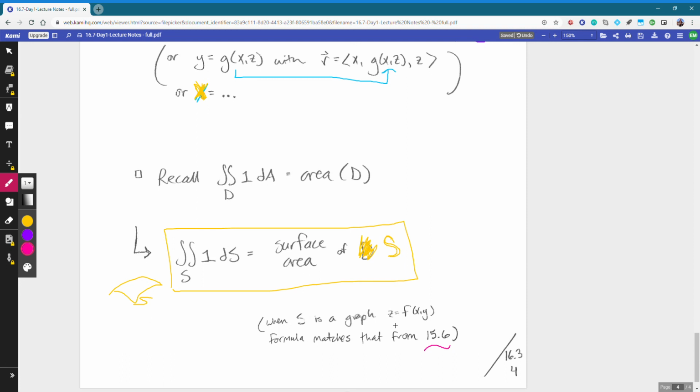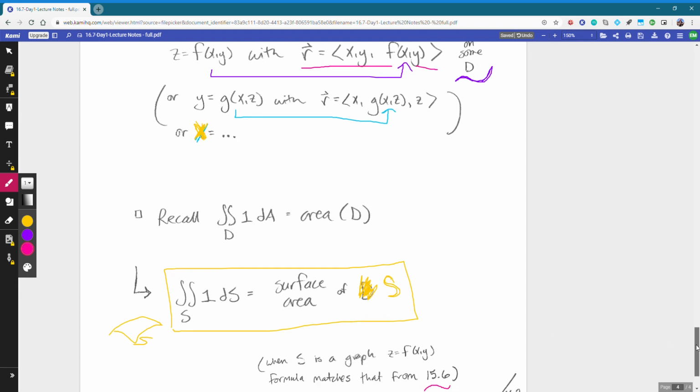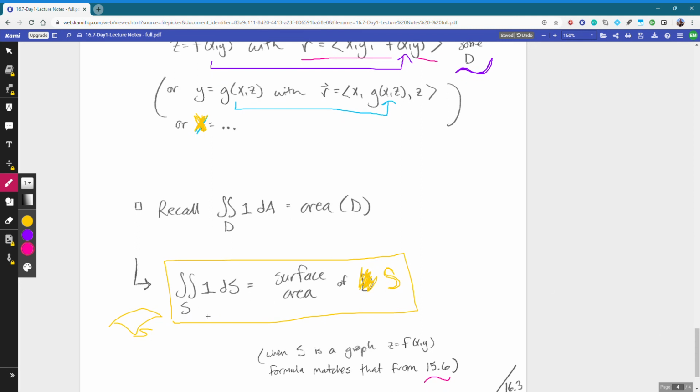And we came up with our formula there. It turns out that if you use the parameterization that we talked about up here for the graph of the function, and you work out this surface integral using our translation formula, we end up with that same formula that we got back in 15.6. And so this matches that formula from before, but this also applies to much more general surfaces that are floating around in 3 space.